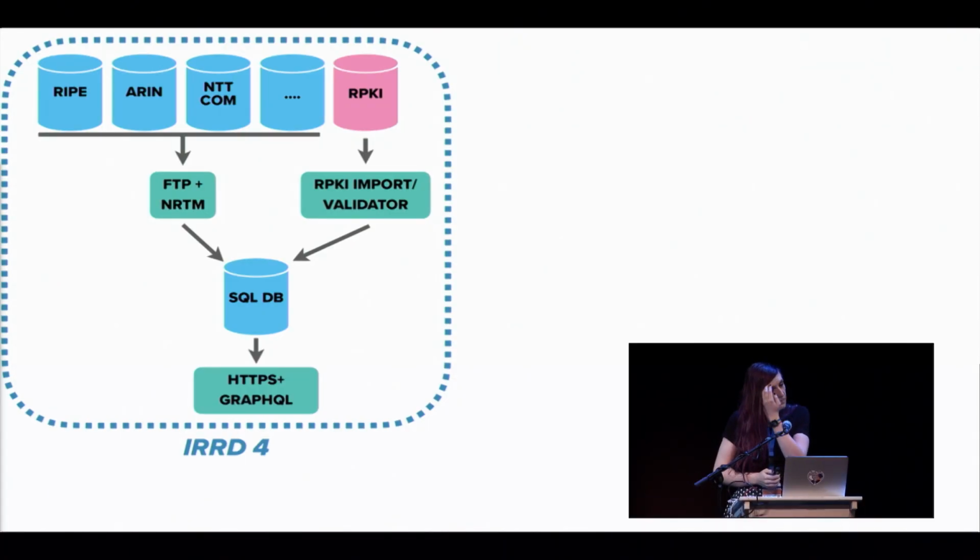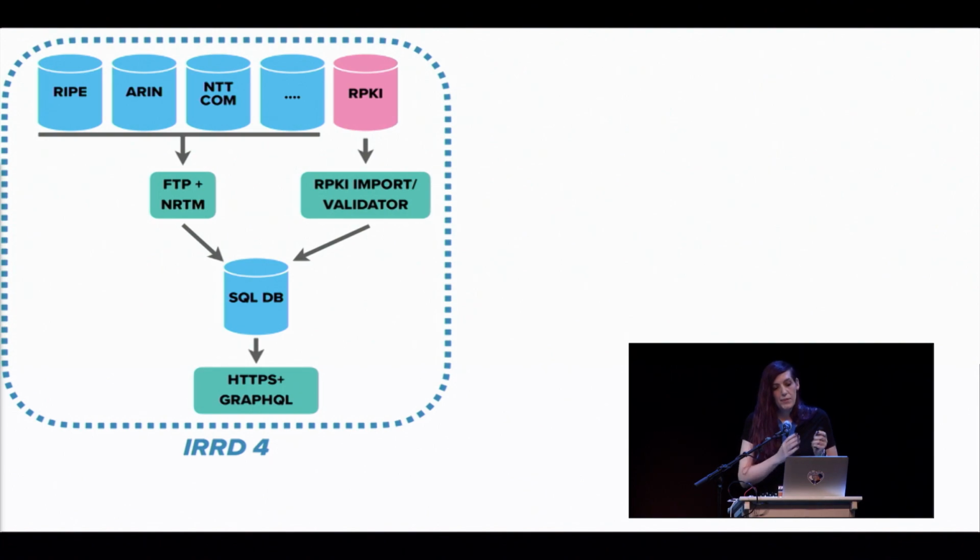How does it work? Like I said, for a very large part, this builds upon my work for IRRd4, which mirrors a number of registries, basically whichever you want to configure. Those are all the common registries that you know, like RIPE, ARIN, NTT.com.